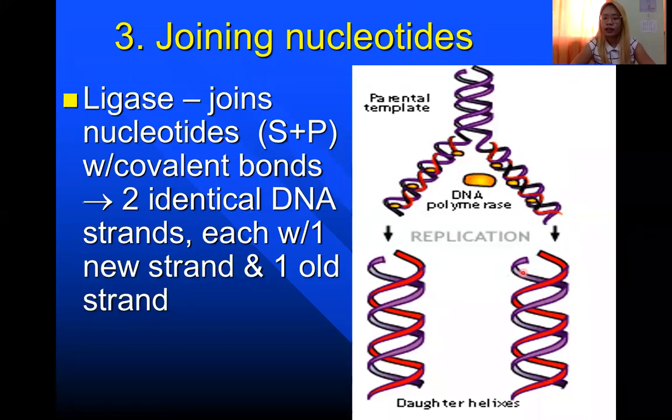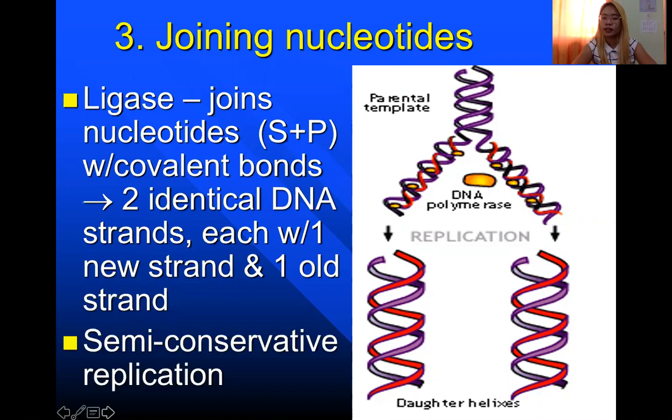So now, it has another strand of DNA. Ito yung red. So dun sa 4 na strand na yon, 2 ang old strand at dalawa ang new strand. So 50-50%. 50% is old, 50% is new.